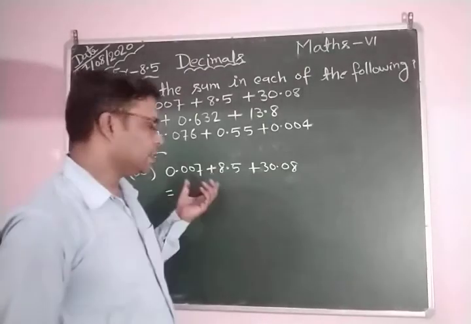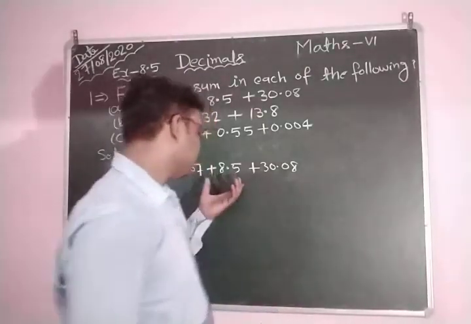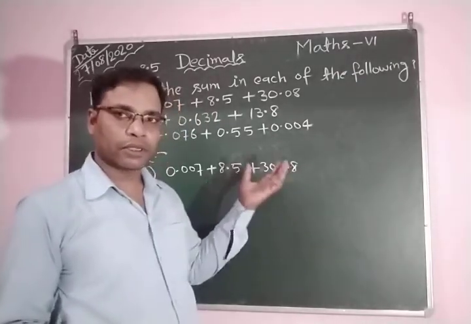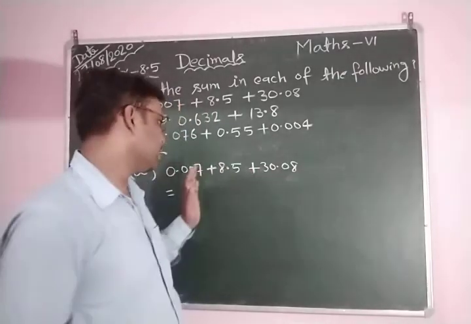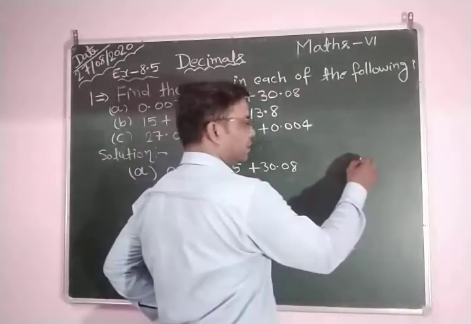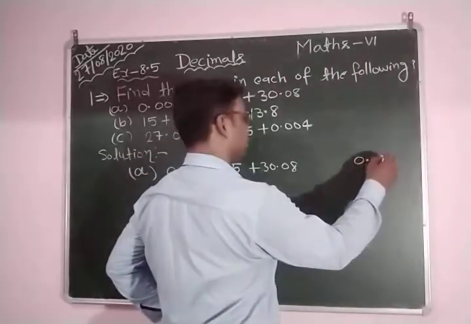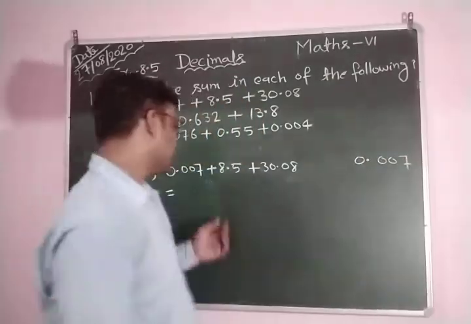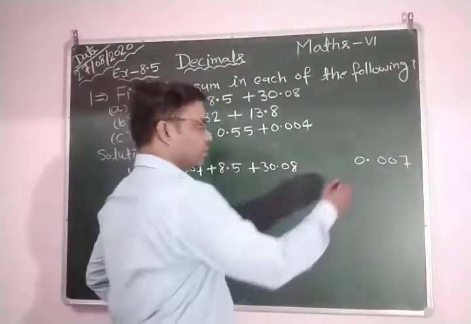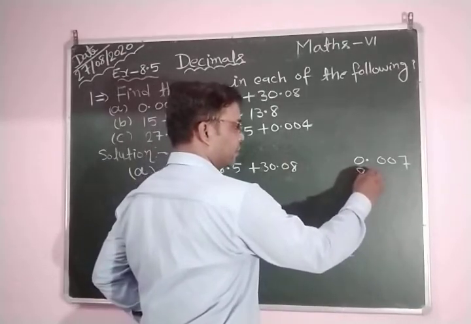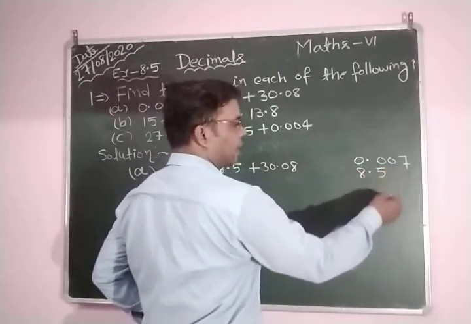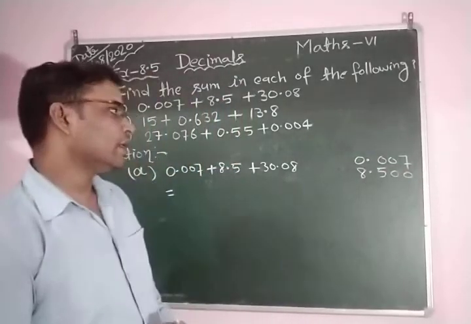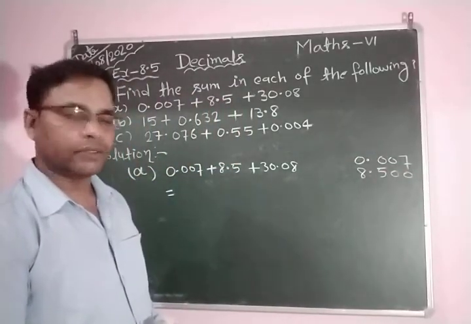So first, this is the horizontal method, and we add them in the column method or vertical method. So first write 0.007 here, 007. After this you can see 8.5. So 8.5, and after that you write 0 here, no problem, to make it like decimals.